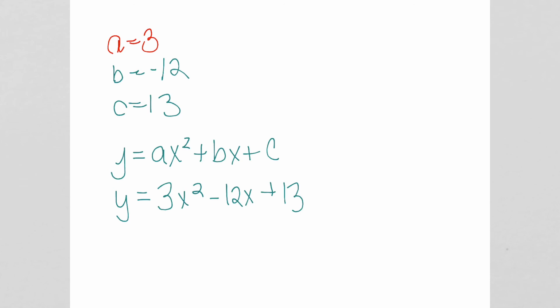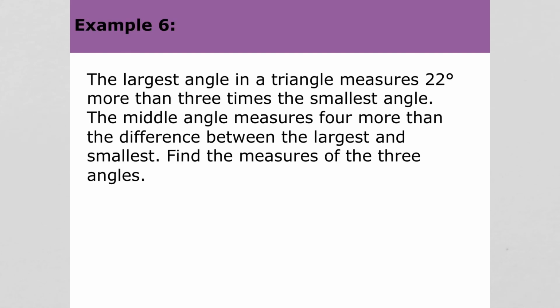And then our last example, we've got a triangle. It says the largest angle in a triangle measures 22 degrees more than 3 times the smallest angle. So let's write this.